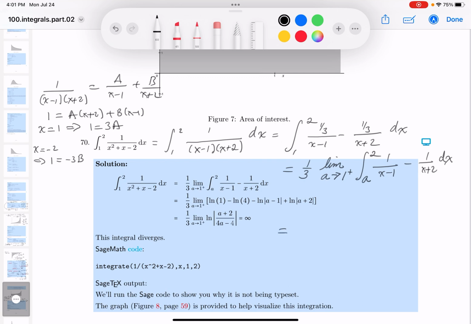Let's write down the antiderivative, and we're evaluating this thing. So 1/3 limit as a goes to 1 from the right, and this is going to be the natural log of the absolute value of x minus 1 minus the natural log of the absolute value of x plus 2, and that goes from a to 2.